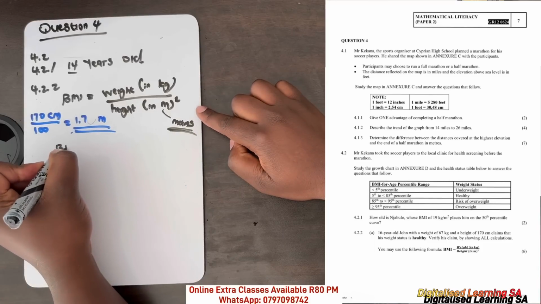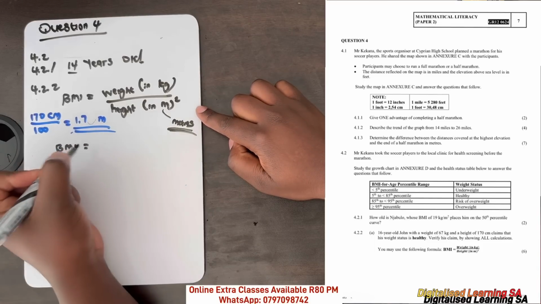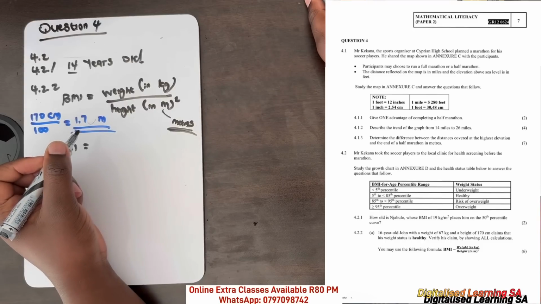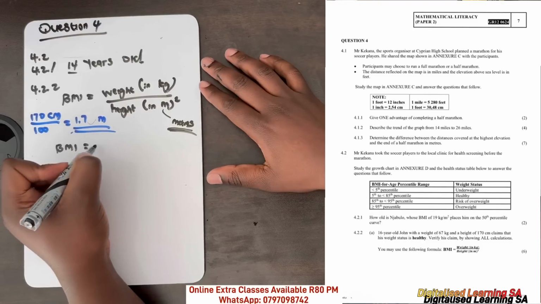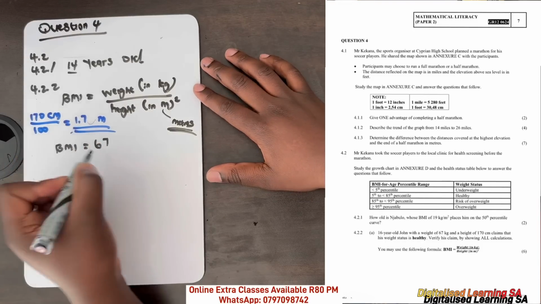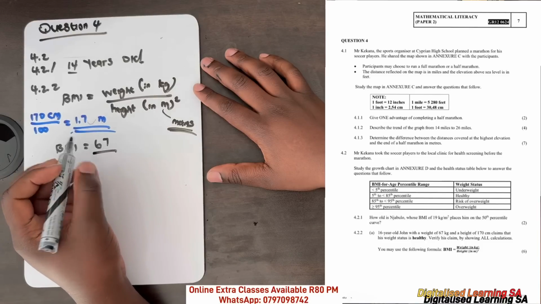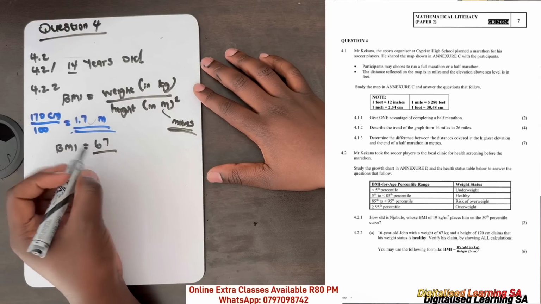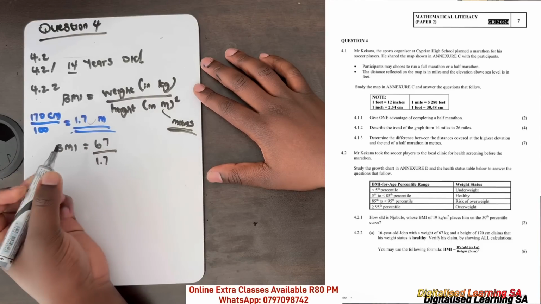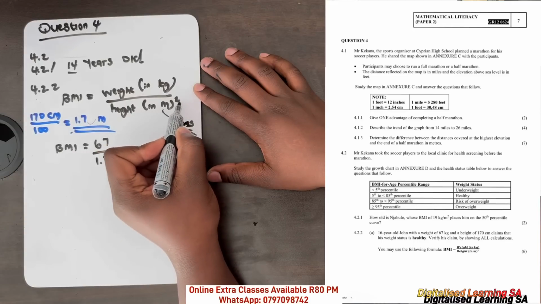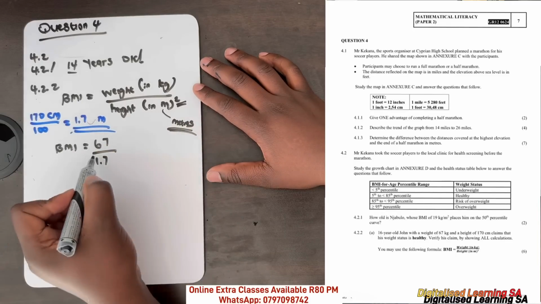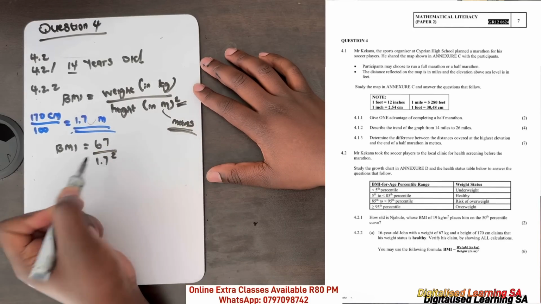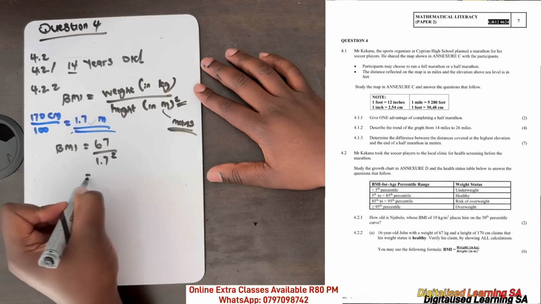Now let's go ahead and calculate. Our weight is 67, so we'll say 67 divided by our height of 1.7. Remember that our formula also includes to the power 2, so we'll say 1.7 to the power 2.